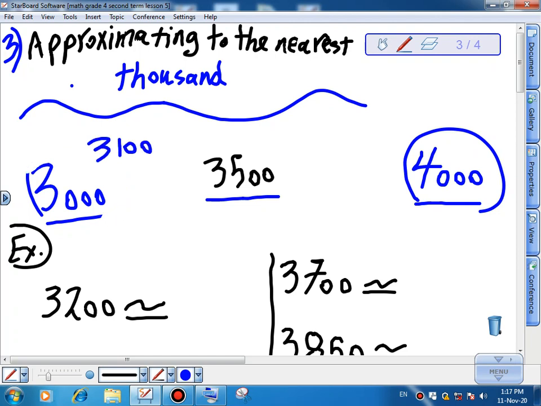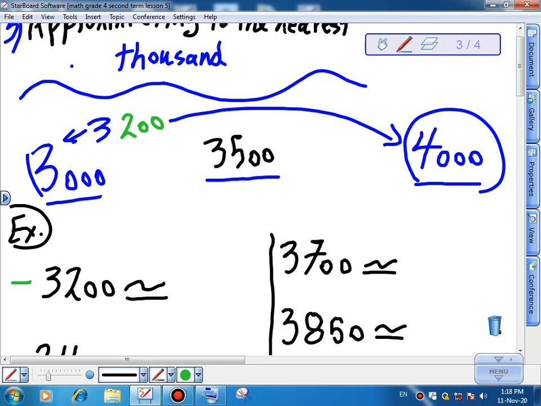If I say the number 3100, 3100 is nearer to 3000 than 4000. So if I need to approximate the number to the nearest 1000, it will be 3000. If I take the number 3200, it is also nearer to 3000 than 4000, so the answer will be 3000.